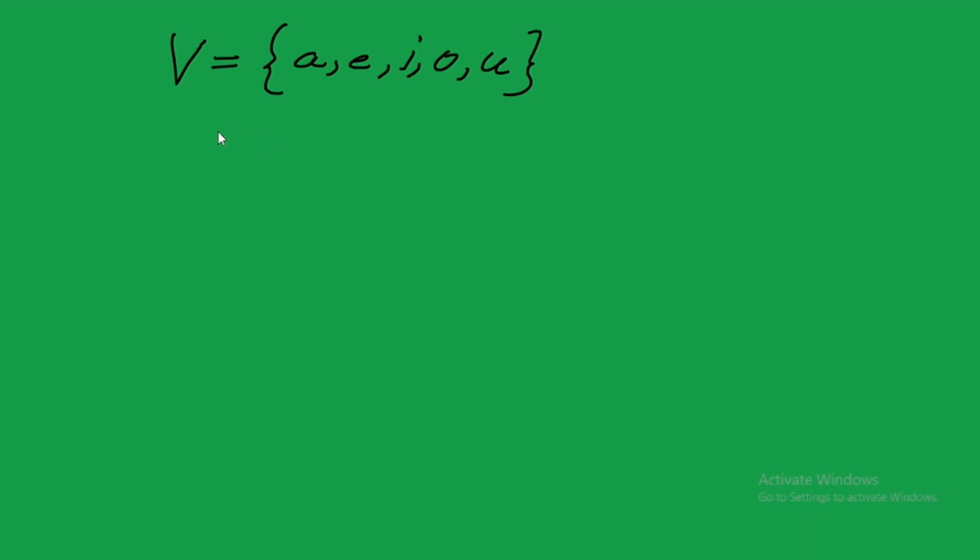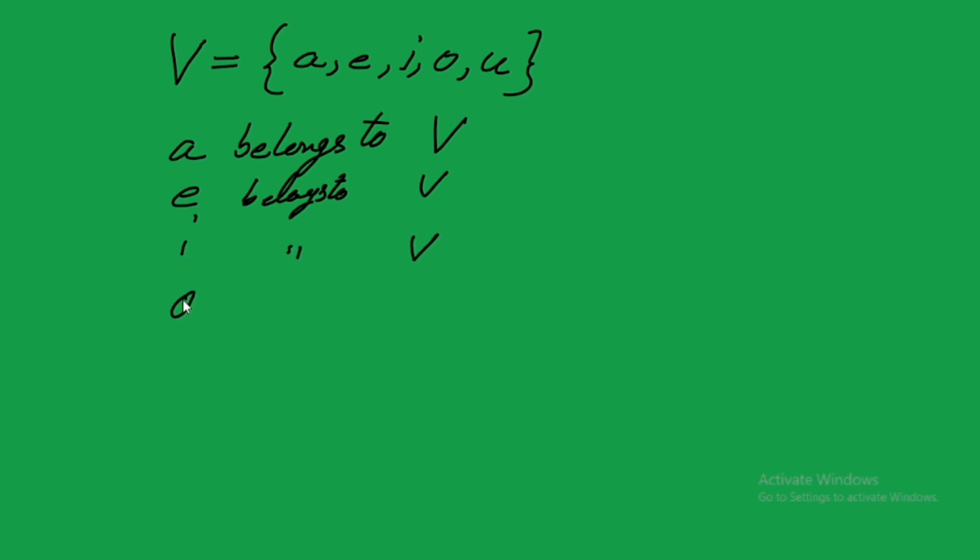When we speak of these members, we say that they belong to V. So A belongs to V, E belongs to V, I belongs to V, O belongs to V, and U belongs to V.